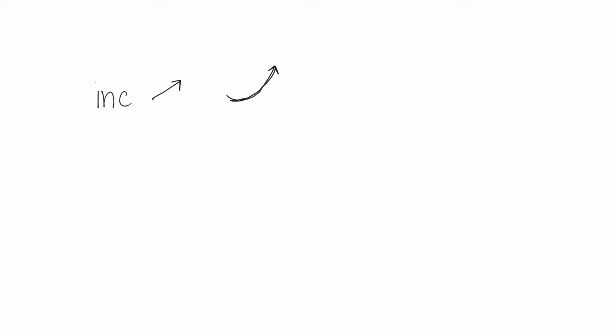See how this is concave up and it's increasing? And we can do that with concave down too. So this is concave down, but it is increasing. So you can have both types within an increasing interval.